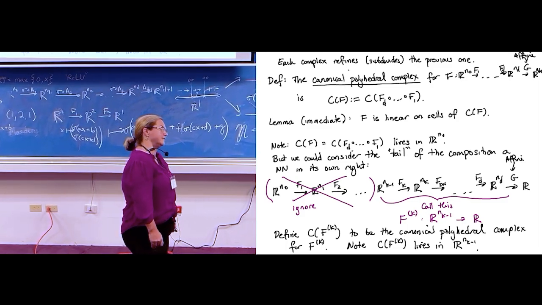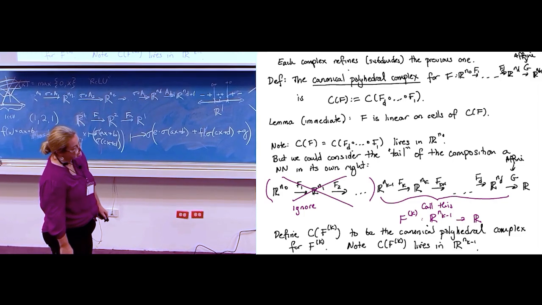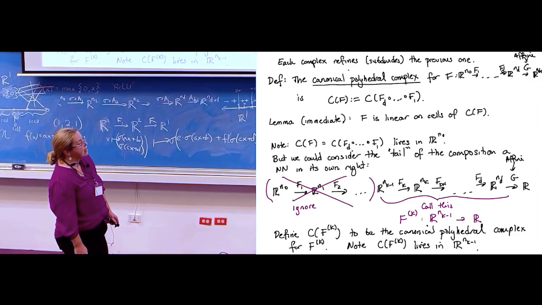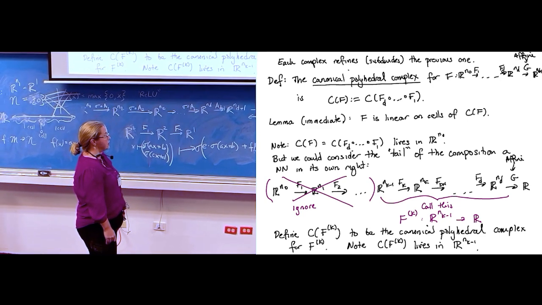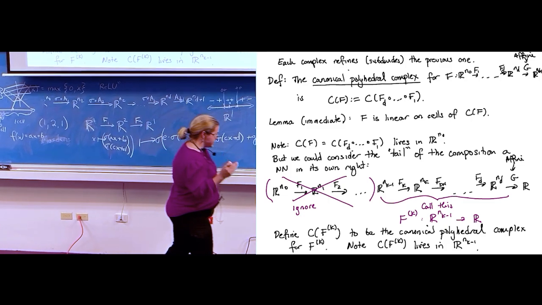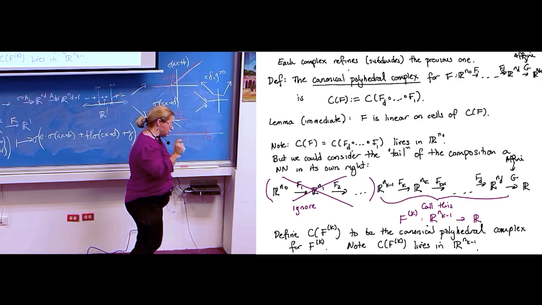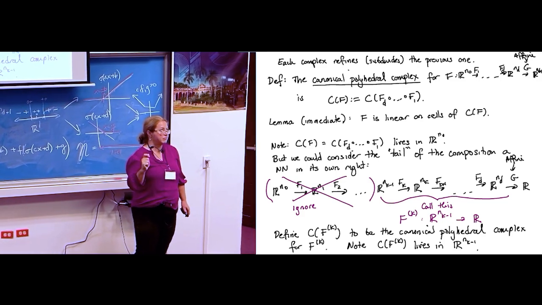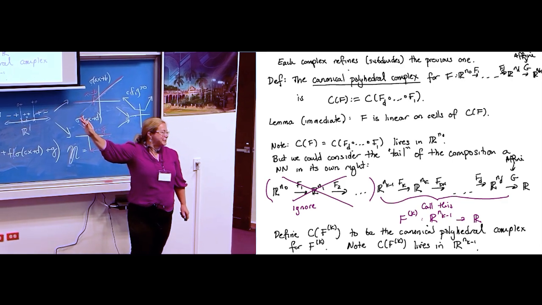Is it true that if you have a linear map in this canonical complex, you get a sequence of functions? That's a great question. One way to answer that is no. There are polyhedral complexes that I think do not come from any map of this sort.